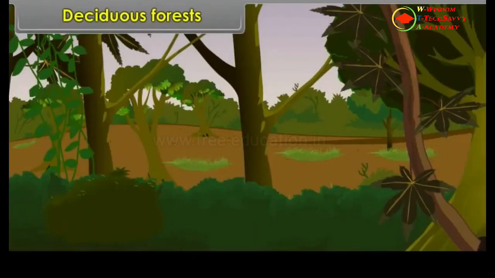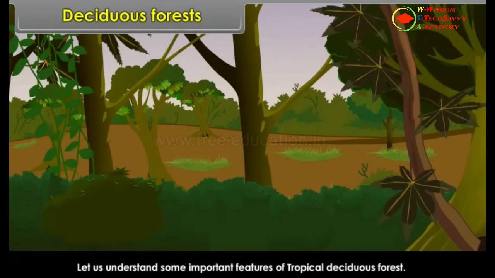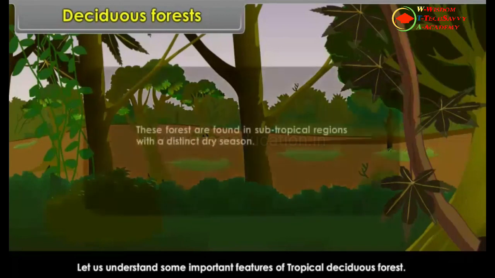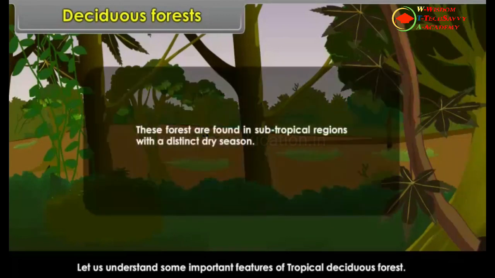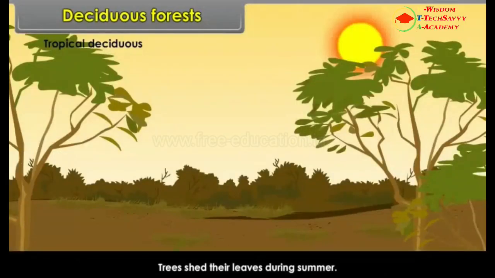Tropical deciduous. Let us understand some important features of tropical deciduous forest. These forests are found in subtropical regions with a distinct dry season. Trees shed their leaves during summer.